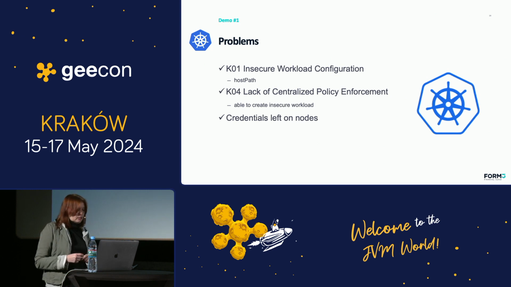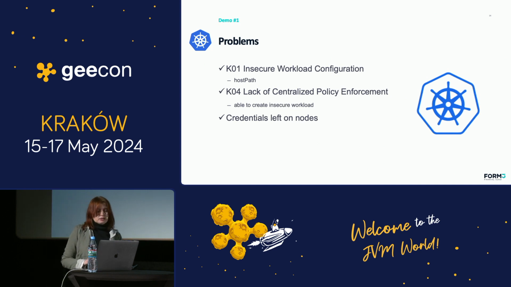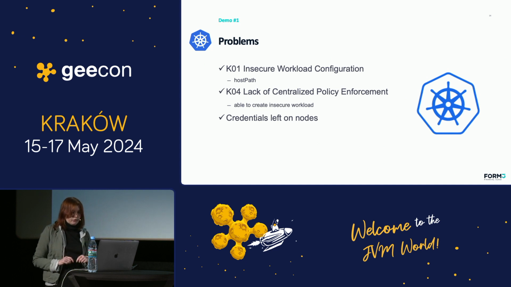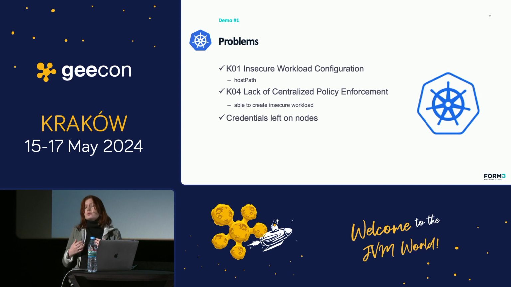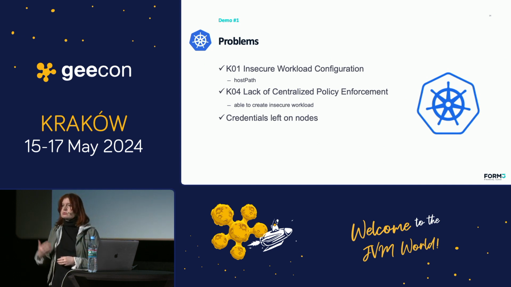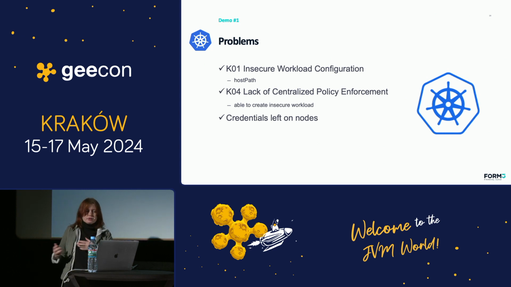Another problem was the lack of centralized policy enforcement. Even though we were only admin in one namespace, it was enough for us to create a new insecure workload in this namespace, and then step after step compromise another application running in the same cluster, because of those credentials left on nodes.